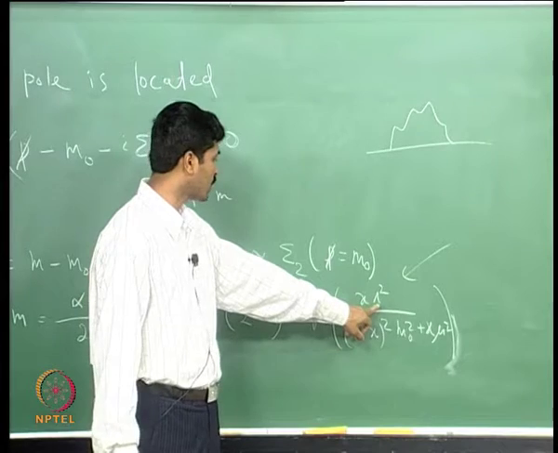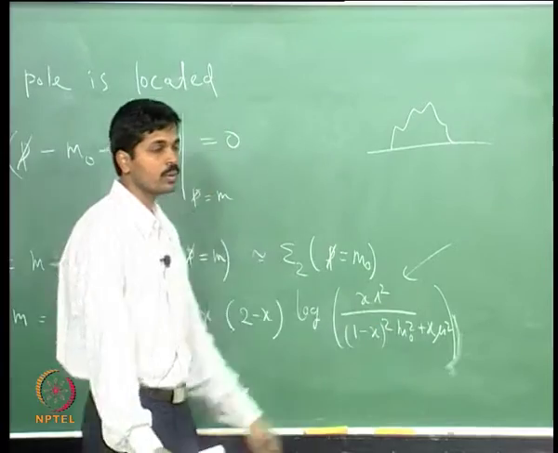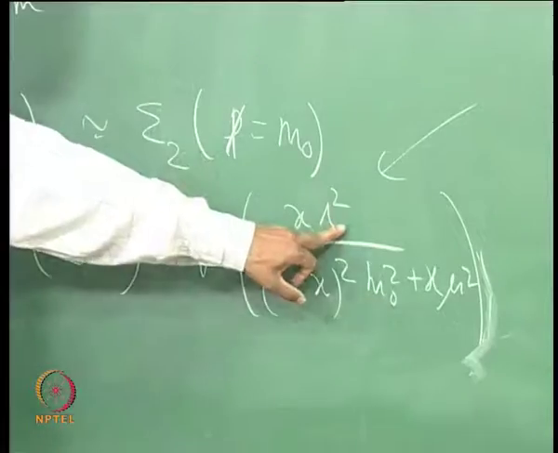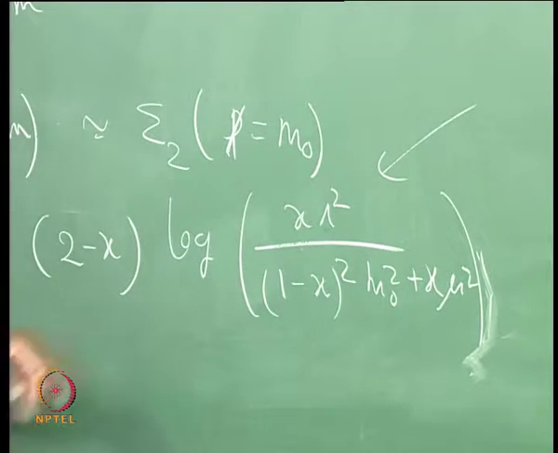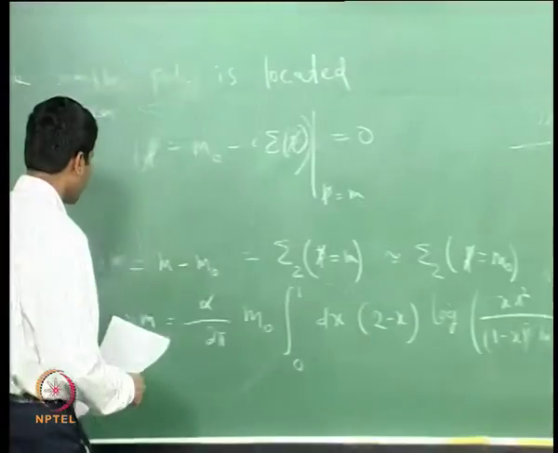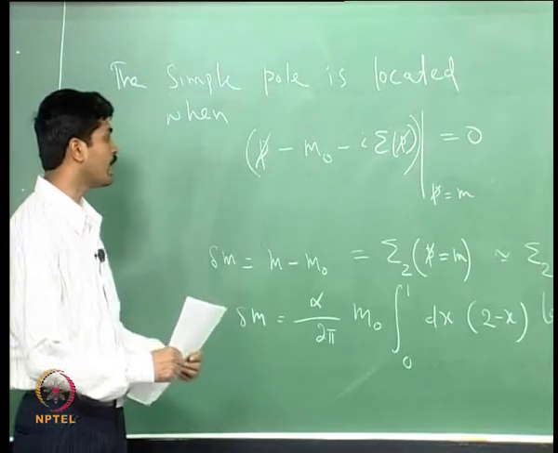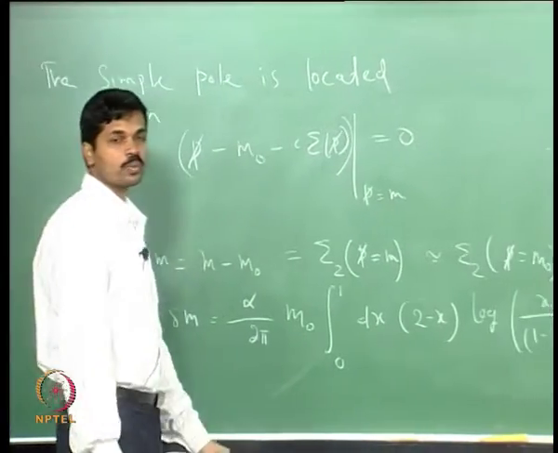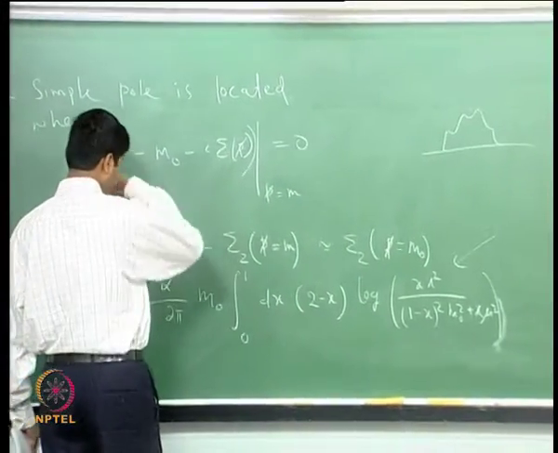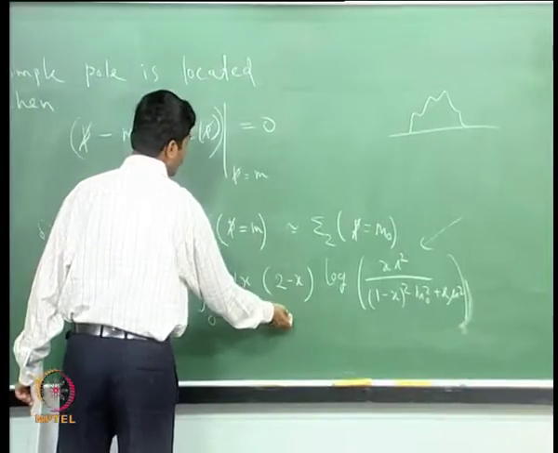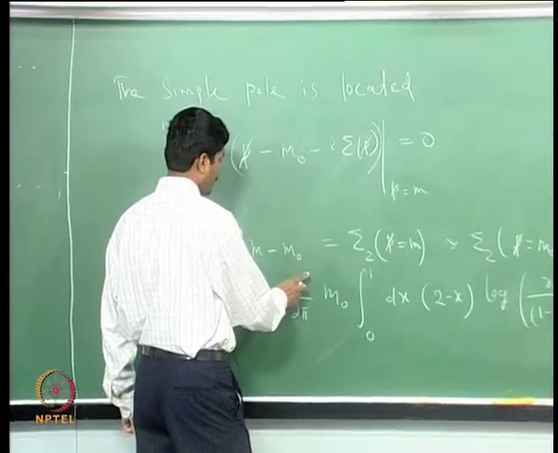We had introduced a UV cutoff here, and ultimately we would like to take this cutoff to infinity. And when you take lambda goes to infinity, this term here is actually divergent. So you have a logarithmic divergence here. Therefore, it looks like the shift in mass is actually divergent, and you can say that the perturbation theory does not make sense, because you are doing a perturbative expansion, and then the next order term is basically divergent.